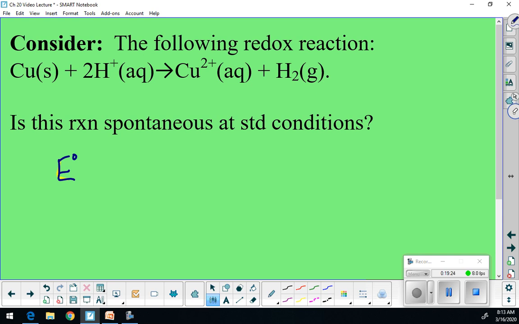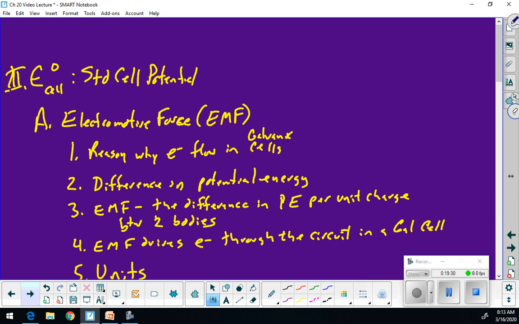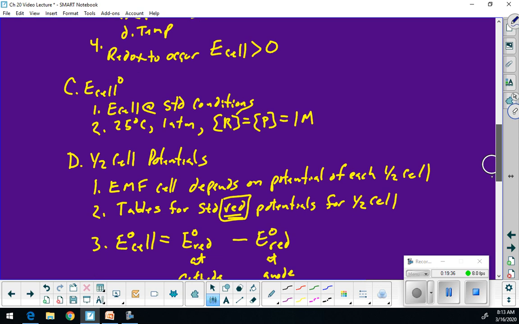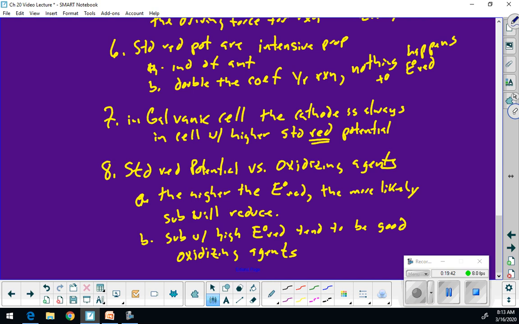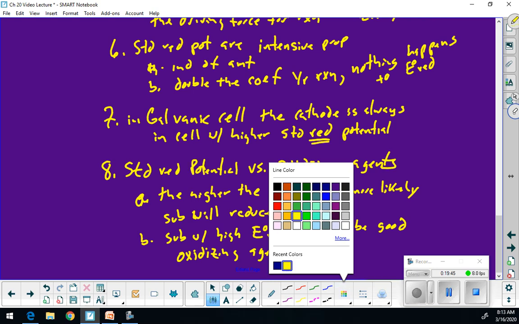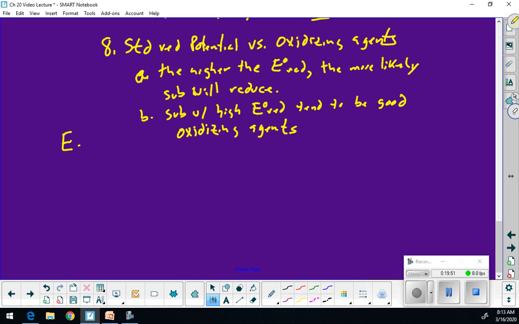Let's go back to notes for a second. Let's go with E prime and redox.